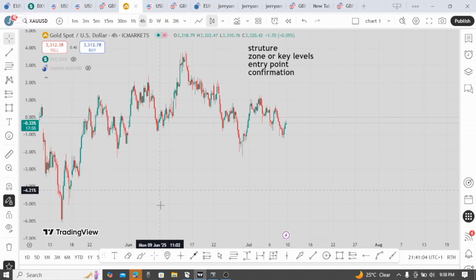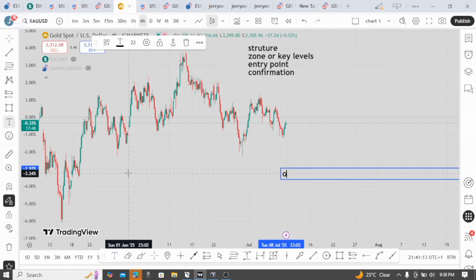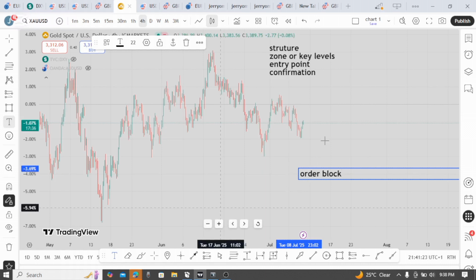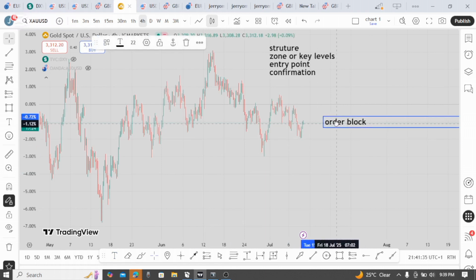The first zone that I want you to understand is called an order block. I'll be showing you what an order block is, the types of order block, and also how to trade using the order block.